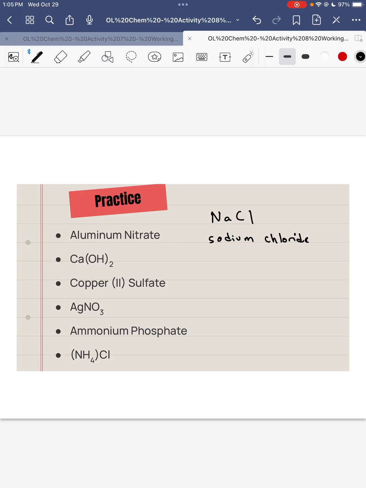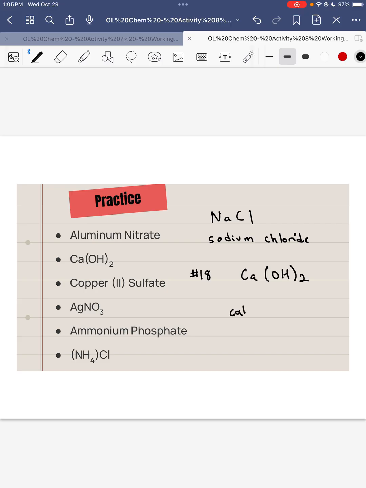When I do have something that has a polyatomic or a transition metal, I need to follow my rules. So let's look at number 18 in Activity 9. Number 18, we have CaOH2. OH being my polyatomic ion, which I find on the back of my periodic table, is hydroxide.